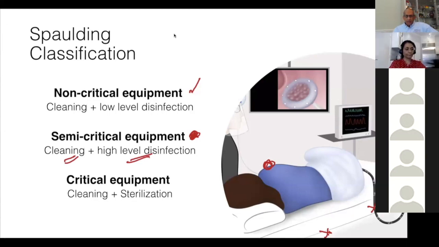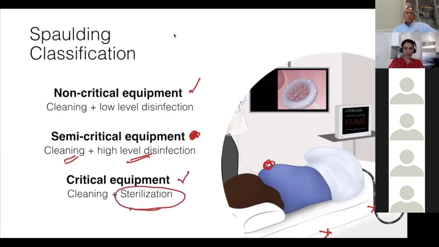and that serves us well. But when you think about doing a balloon dilation where you rupture the mucosa, or where you do a sphincterotomy, or you do a polyp resection or injection, those are considered critical equipment, and they need sterilization.